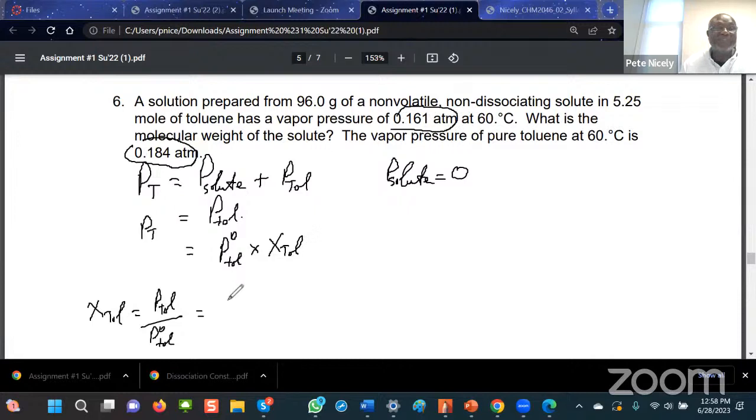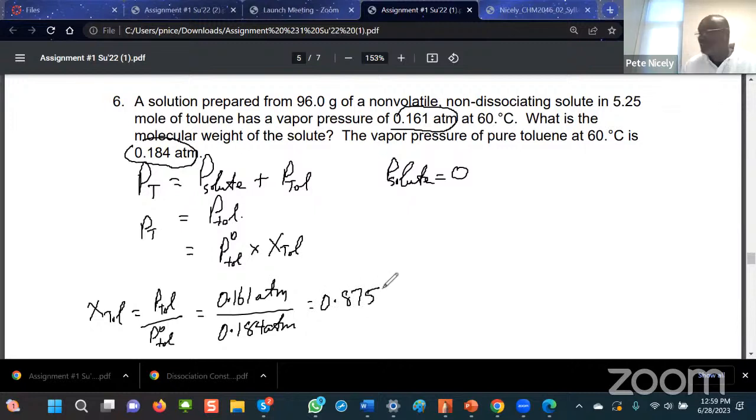So I'm going to put 0.161 atmospheres above, and down here I'm going to put 0.184 atmospheres. And when I calculated those two, I got 0.875 as the mole fraction of toluene in the mixture.